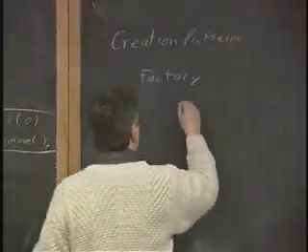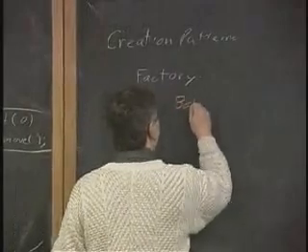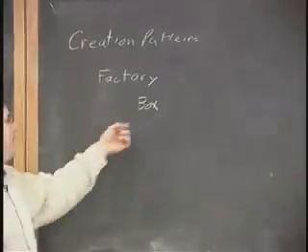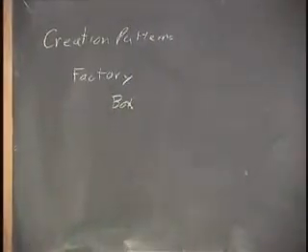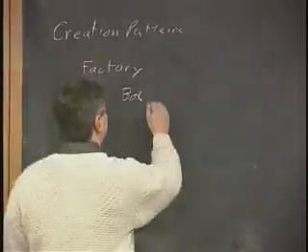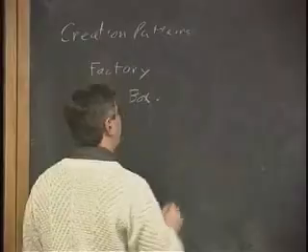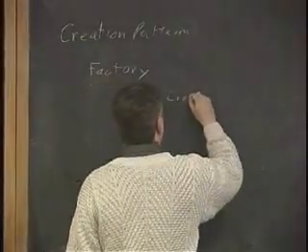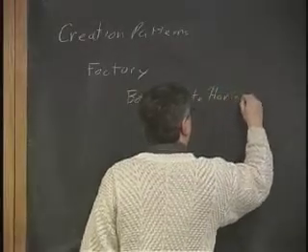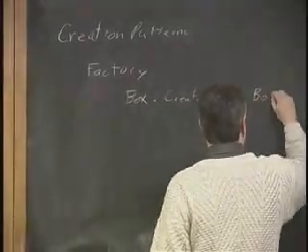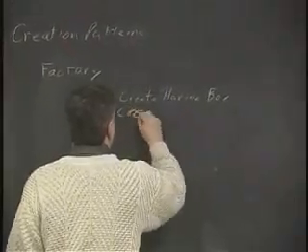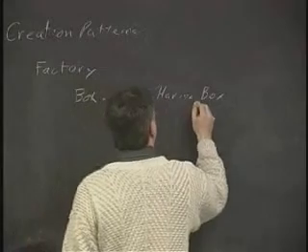We saw examples of factory methods in the Java Box class. Instead of calling new to make a new box, this is one of the widget containers analogous to JPanel, we would always call these static methods like create horizontal box, or create, what did we call them, struts.